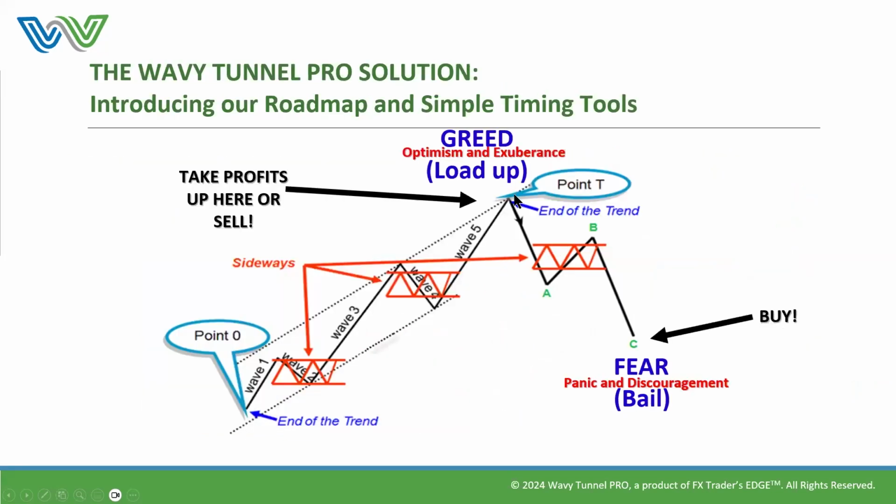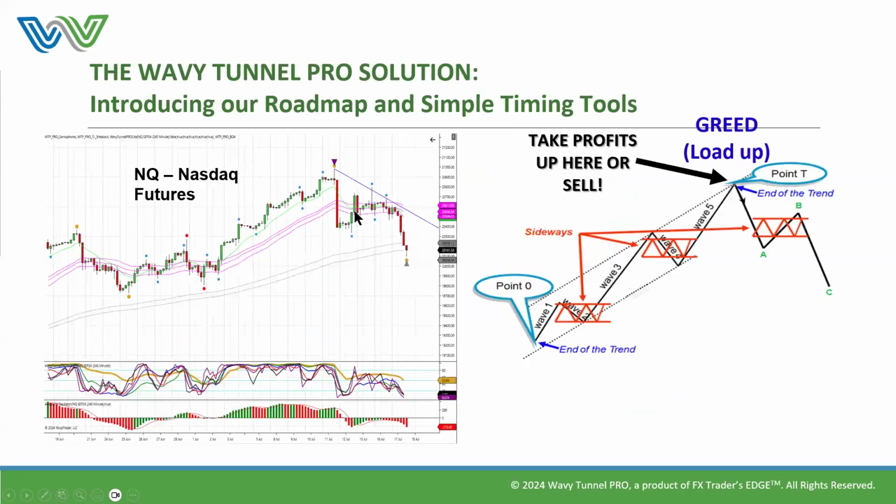So this is the market roadmap again. And here we are greedy up here. We want to switch this around and be fearful up here and be greedy down here. On the left, we have an example using NQ futures, so NASDAQ, and look at the picture. See how it resembles the market roadmap to the right.